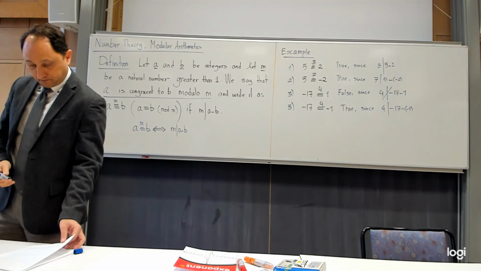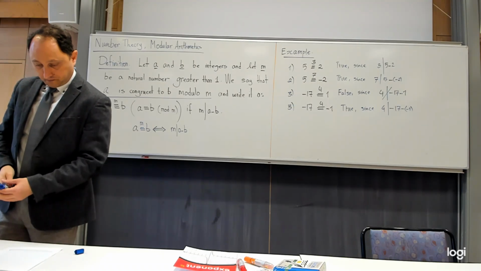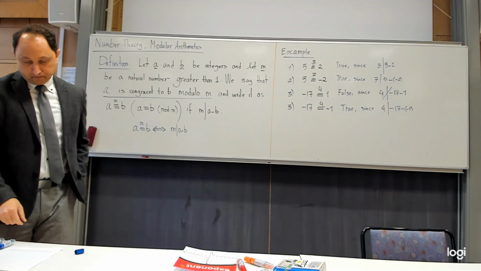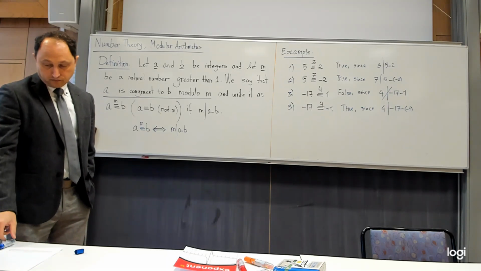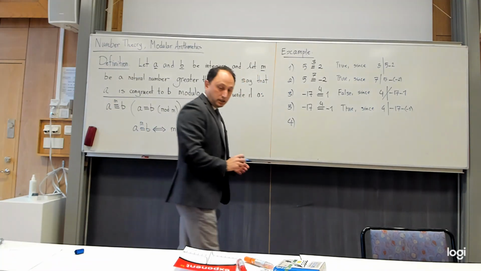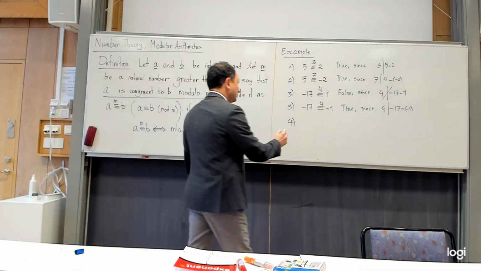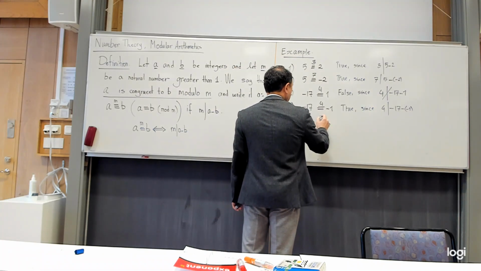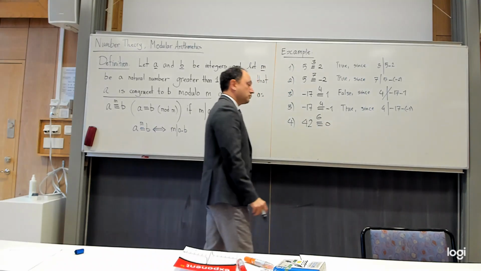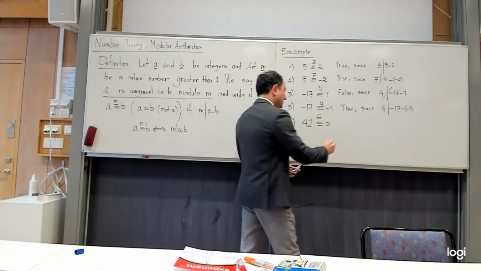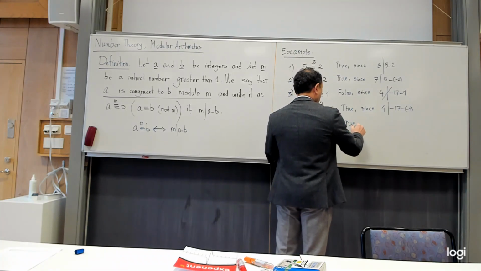Let's see. So, for example, 42 is congruent to 0 modulo 6. Is that right? This is also true, yes? Why?